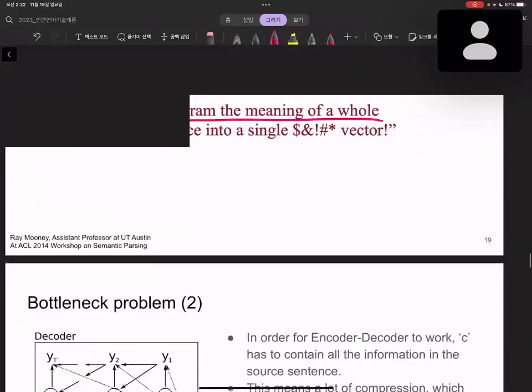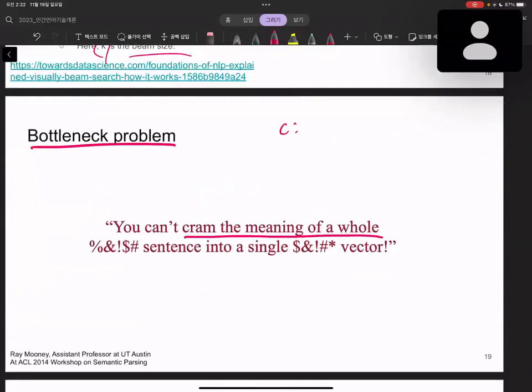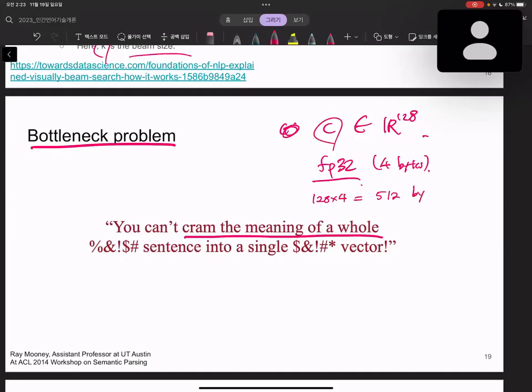For example, if we use a 128-dimensional vector, and if we assume that we use floating point 32, 4 bytes, then this vector C is 512 bytes, right?